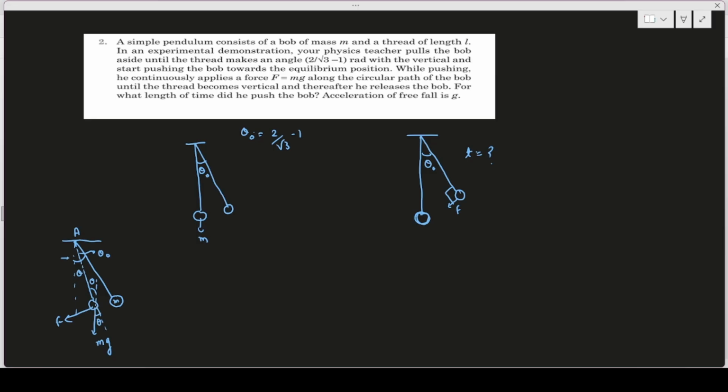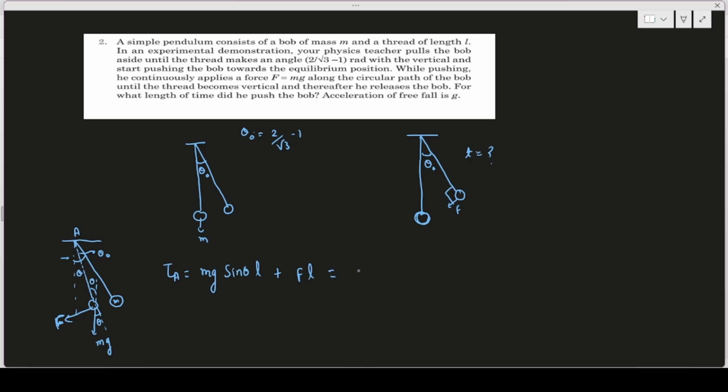So torque of mg will be mg sine theta into L about point A, and torque of this force F will be independent of theta because this force always acts perpendicular to the thread. So torque due to this force will be F into L.